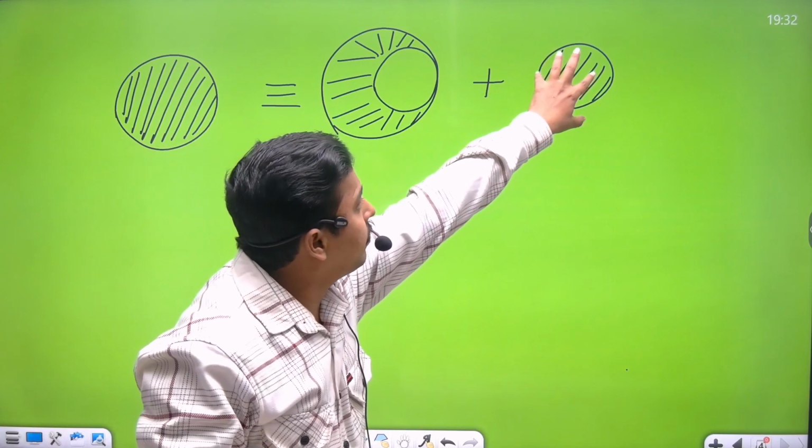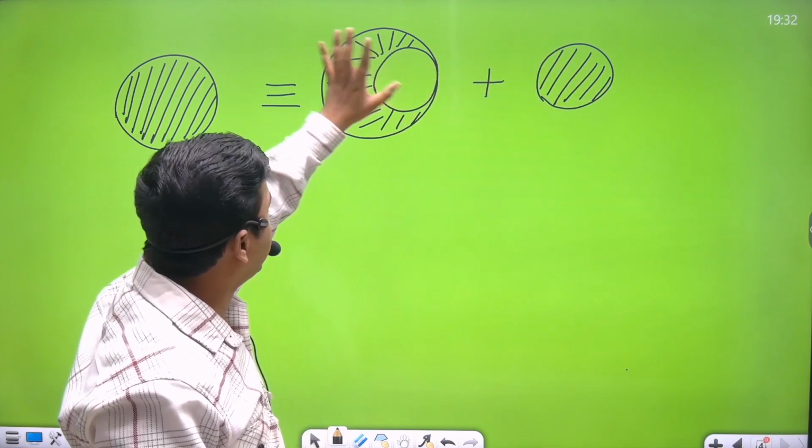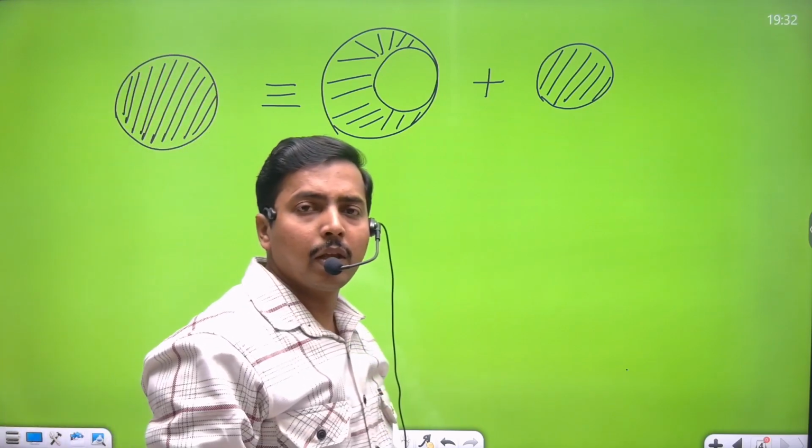When you fit this smaller disk into the cavity, you will get the bigger disk, right?